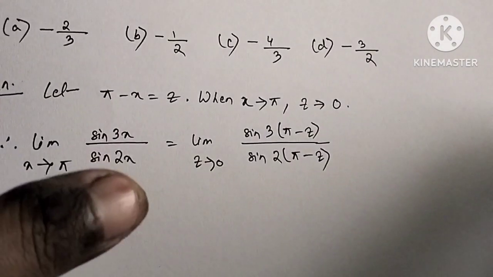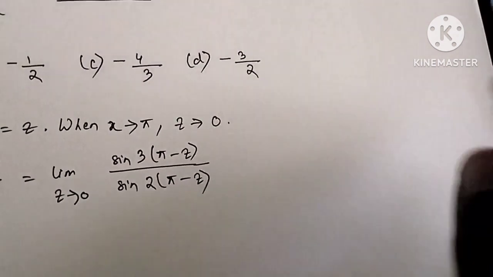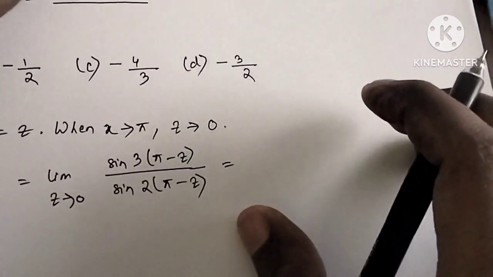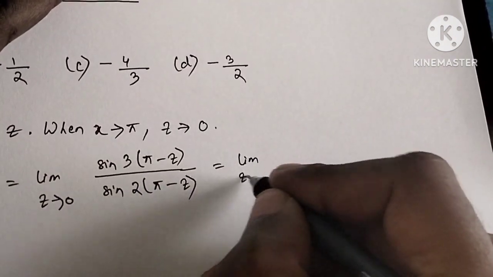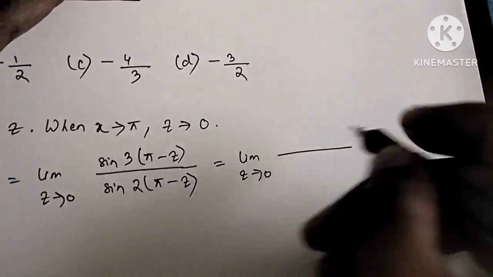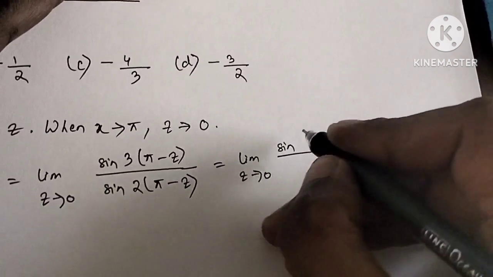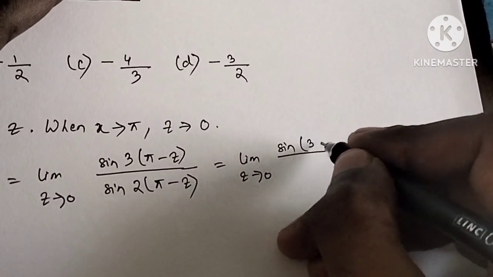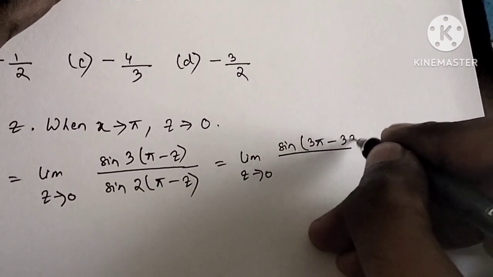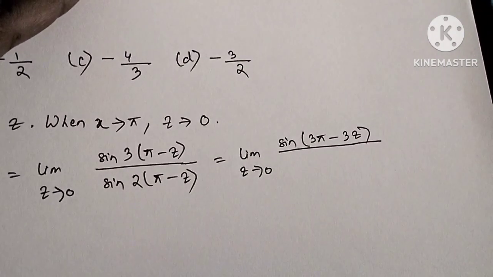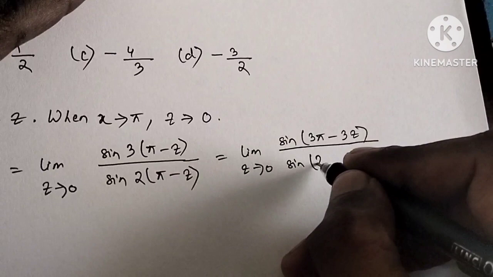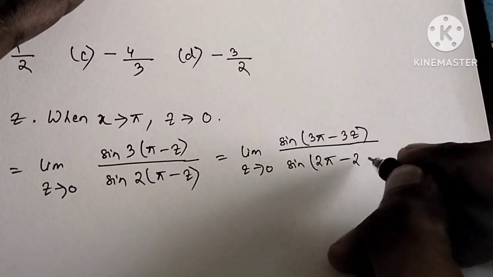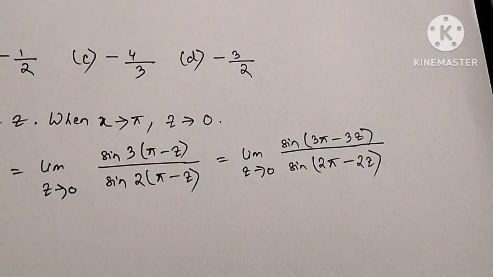Clear? So this can be written as limit z tends to 0, sin 3 pi minus 3z by sin 2 pi minus 2z. Clear?